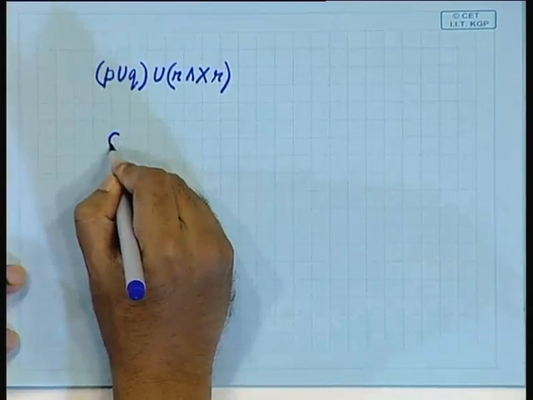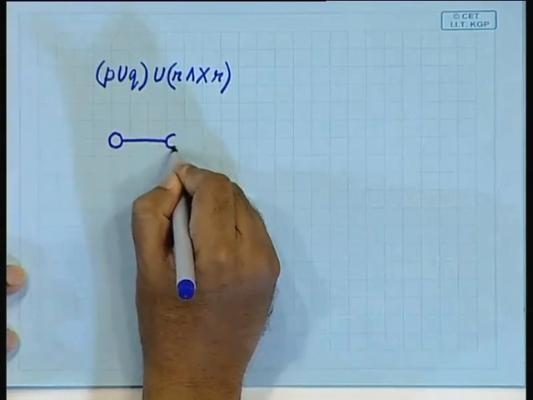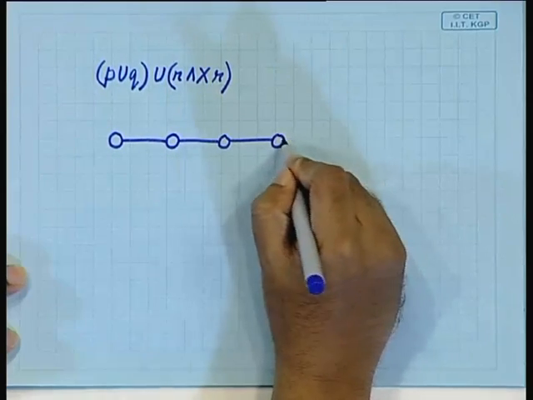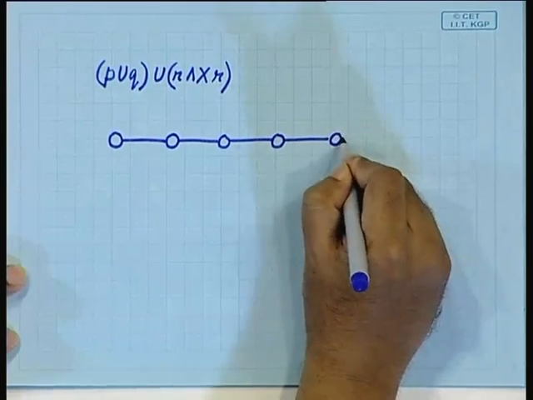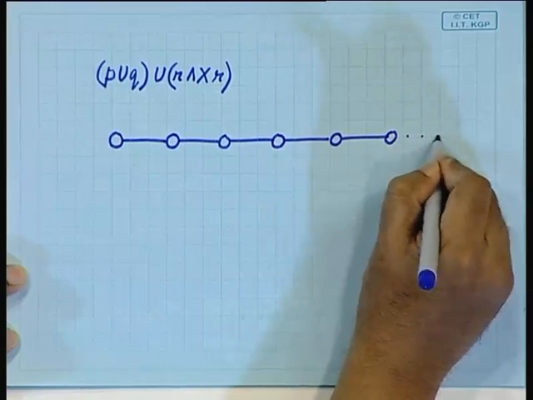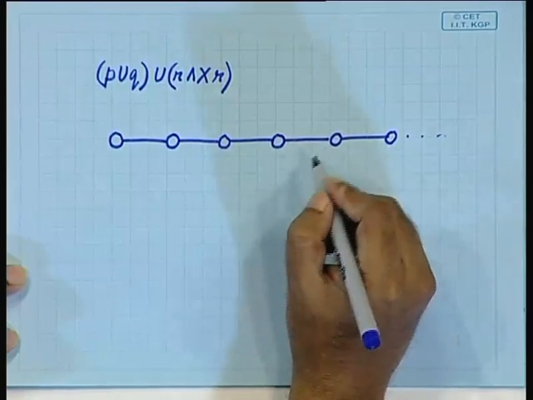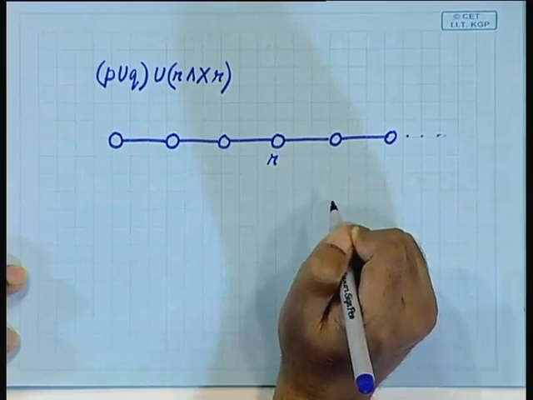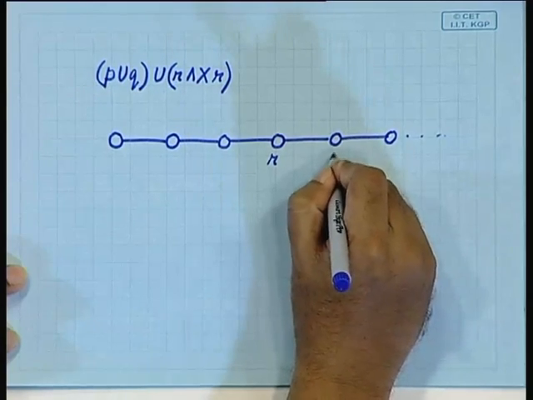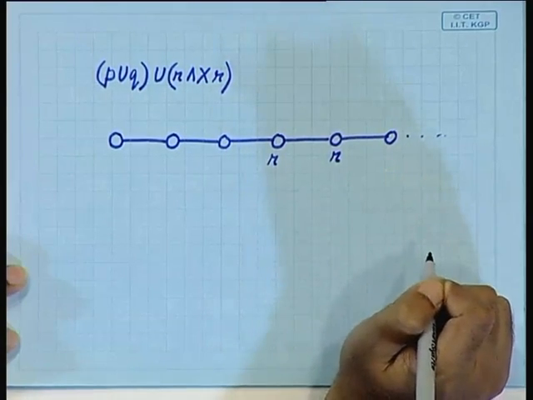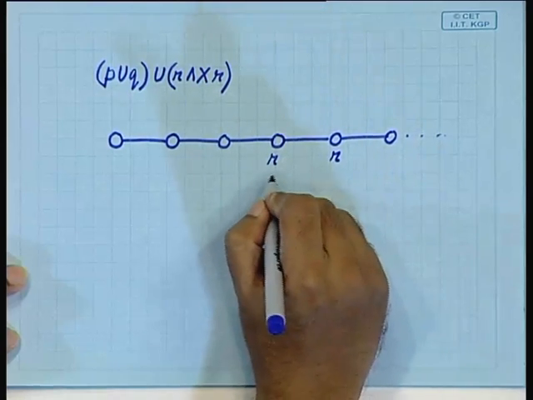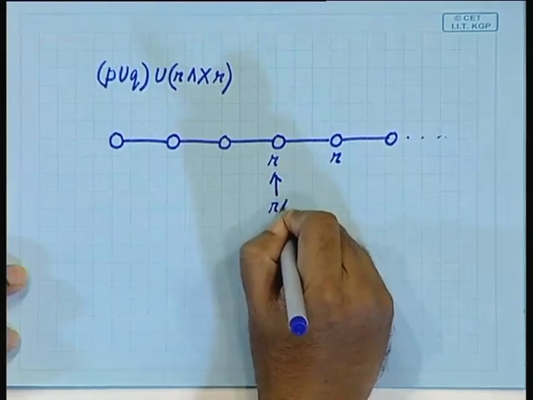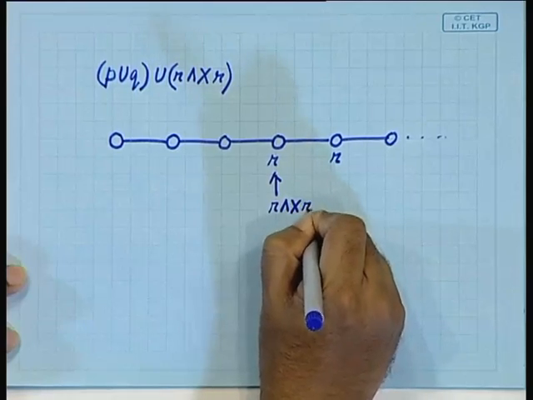On every path, every state on the path, somewhere we must have R, and in the next state also we must have R. So, this is where R and X R is satisfied.